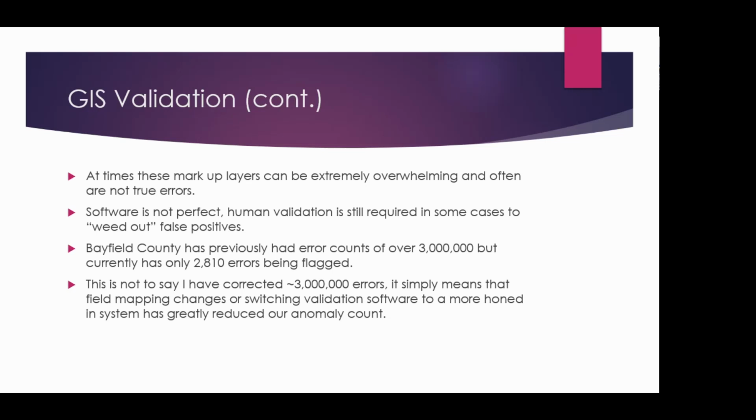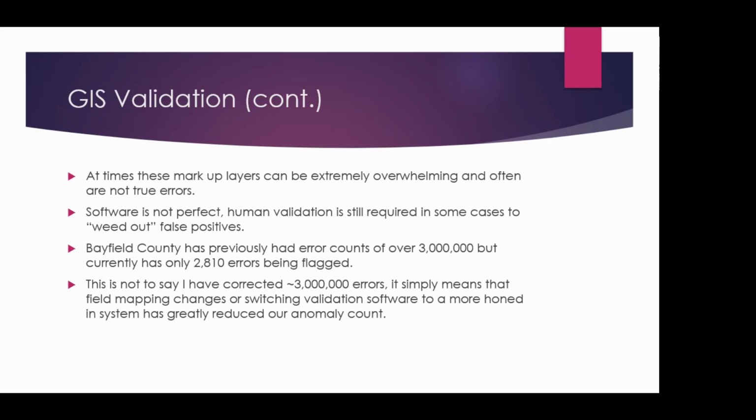Often we rely on our different software, and it can be really exciting to get a new system, or you can get really great information from these systems. But if we're putting in data that's not accurate, we're going to get stuff out of it that's not accurate. So if over time we're not managing our layers and our different databases, and we're trying to validate with that information, we're getting back junk markup layers, essentially.